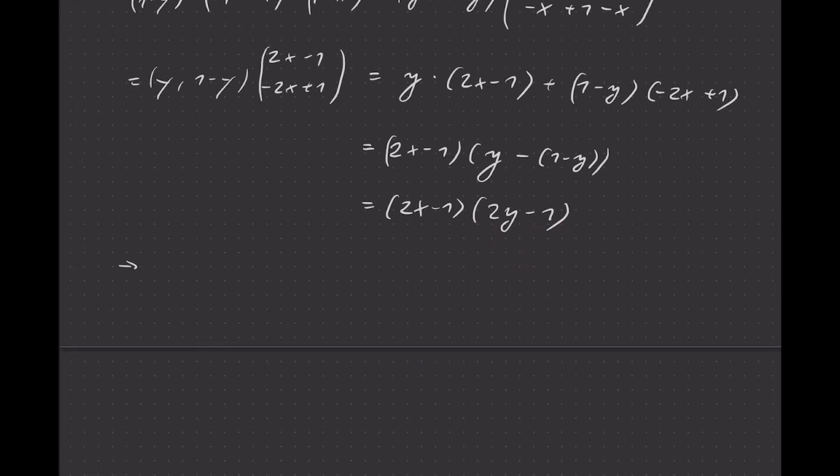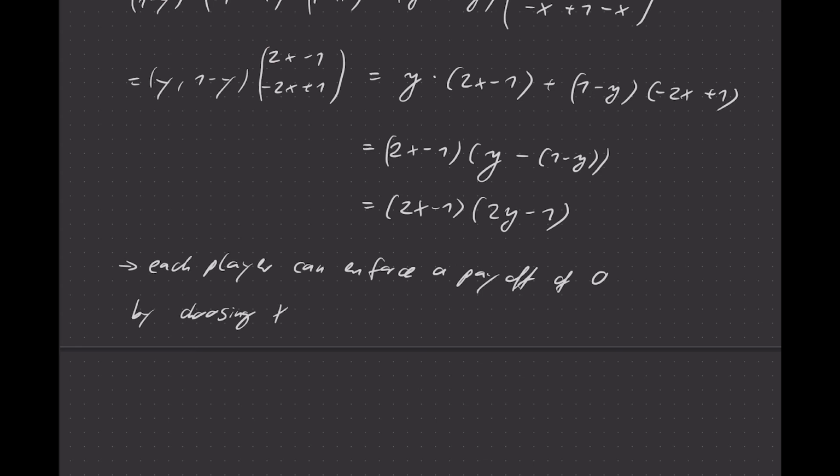So each player can enforce the payoff of 0. And they can do this even by using the same strategies, by choosing the strategy 1/2 and 1/2.